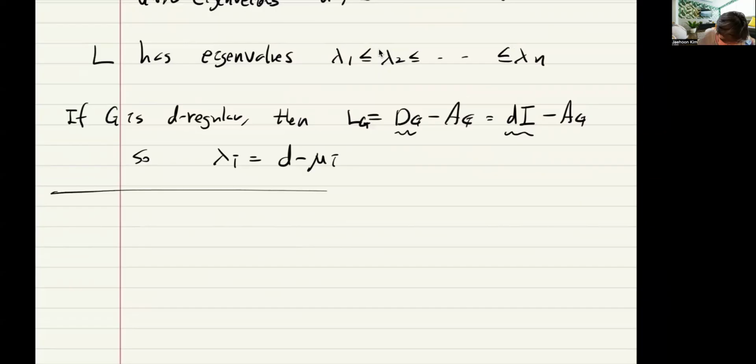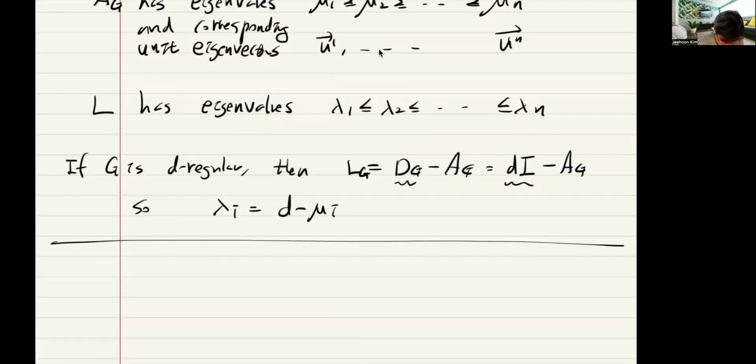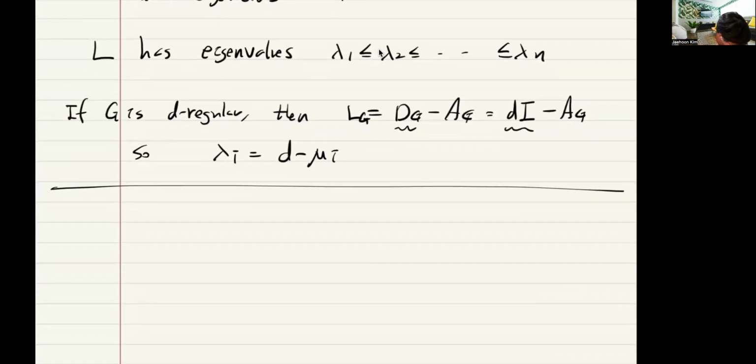There are other observations that we can immediately see. One of them is that lambda 1 is 0. Why?